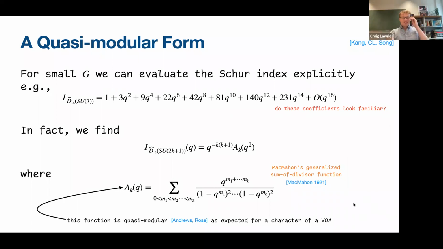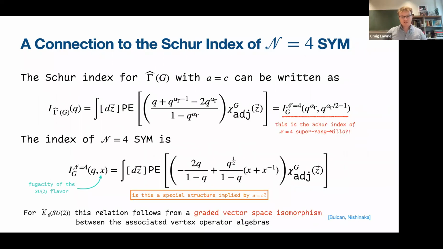Okay, can I also ask another question about the previous slide, where you had the specialization of the index of gamma hat? Does this theory have an operator that, if added as a deformation to the Lagrangian, would break global symmetries that would enforce that specialization of the fugacities, or does it not?